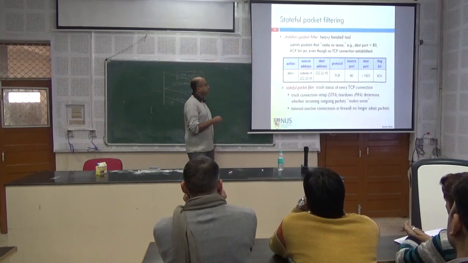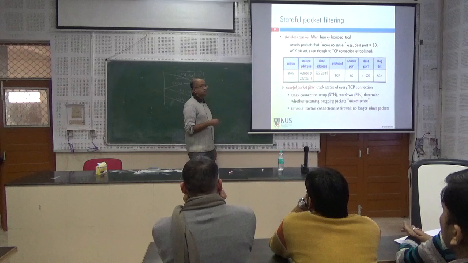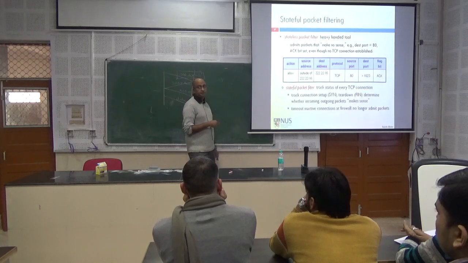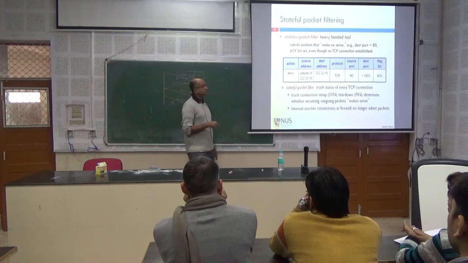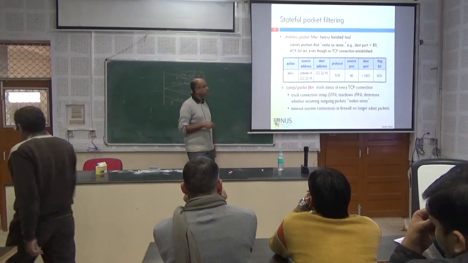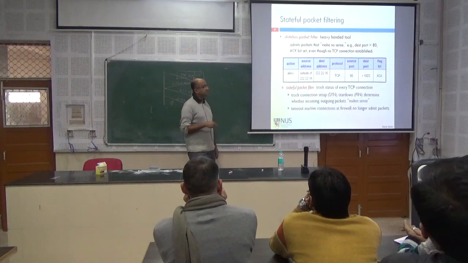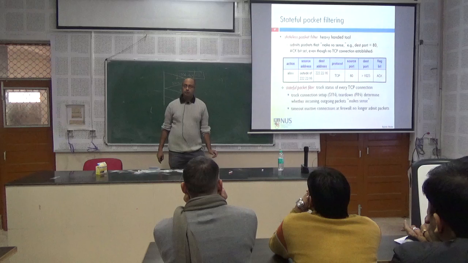This line says, if somebody from outside sends me a packet to something inside my network, this is a TCP packet, and it's claiming that it's coming from a web server, and it's going to some port number in my network, and the flag bit is set as ACK, then I allow it. This could be a loophole.